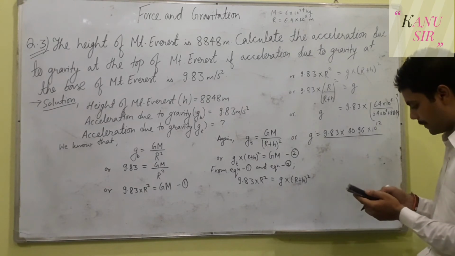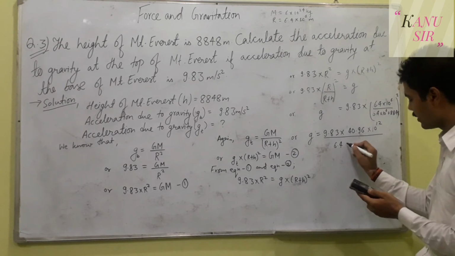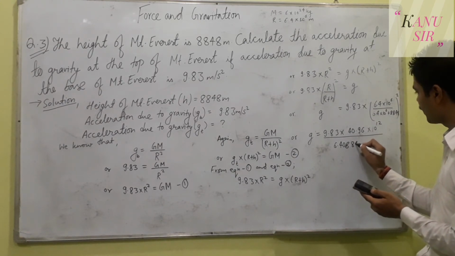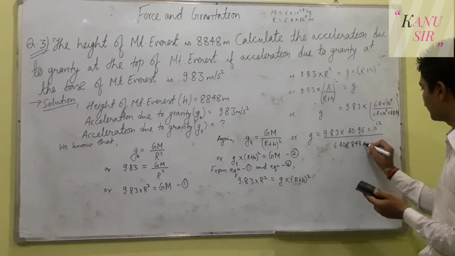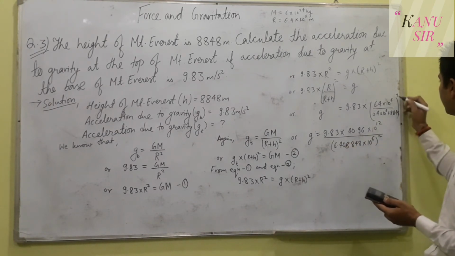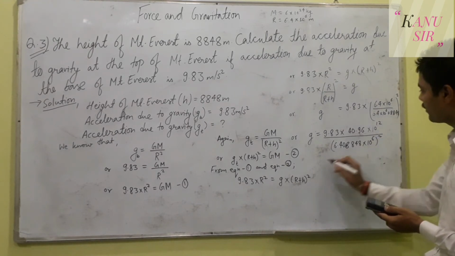So we'll get 6.408848 into 10 to the power 6, whole square. This square will be still the same for the denominator value.